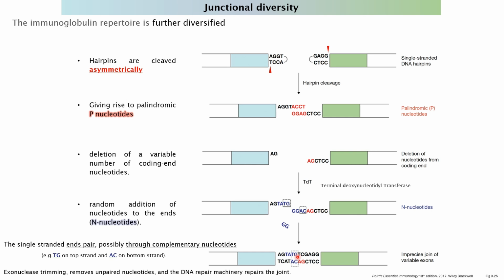It might occur to you, and it should occur to you, that with all this random process, the reading frame is not going to be preserved. If you remember, in order to have a string of amino acids added by the ribosome as it reads messenger RNA, which will be transcribed eventually from this genetic locus, everything needs to be in frame.